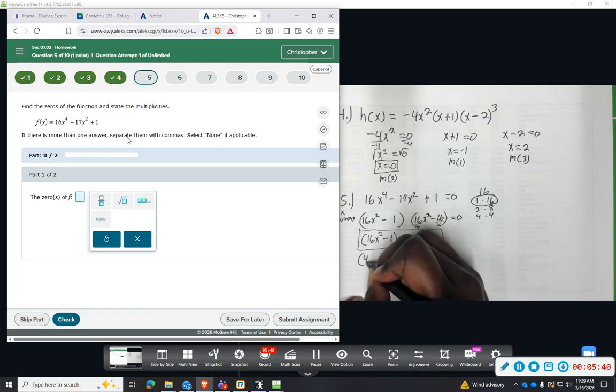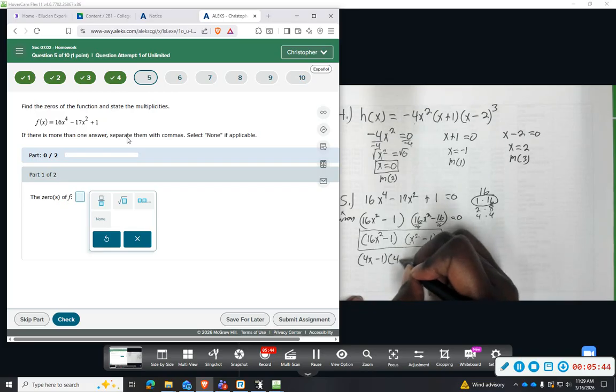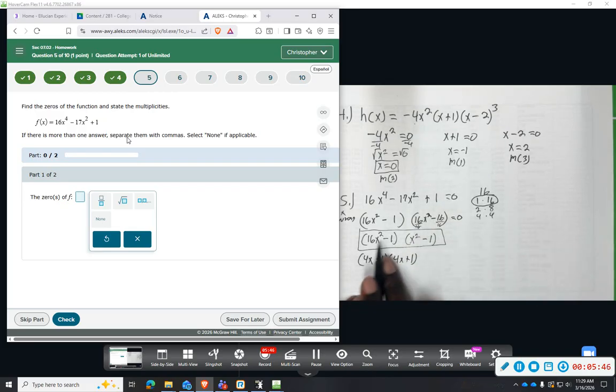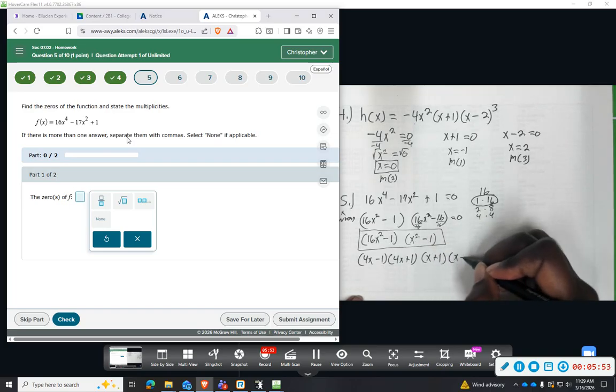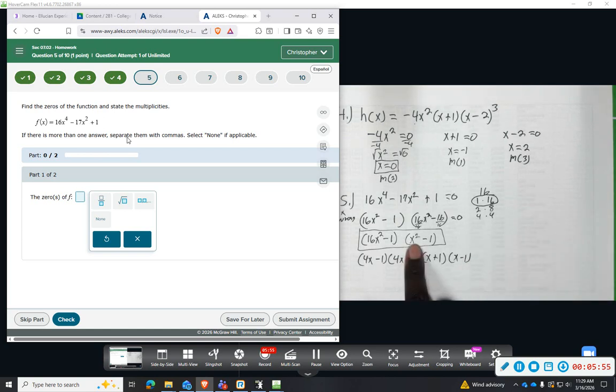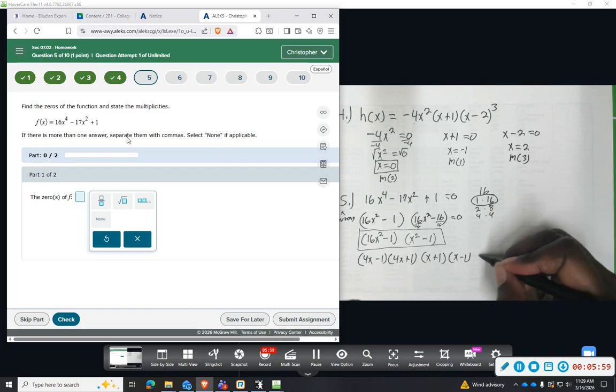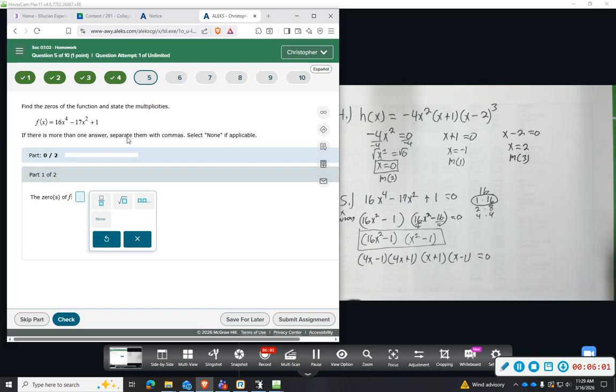This is 4x and then minus 1, and then we'll have a 4x plus 1. So that comes from here. And then on this side we'll have an x plus 1 and an x minus 1, according to the difference of squares formula. Now that we have that, we set each term equal to 0.